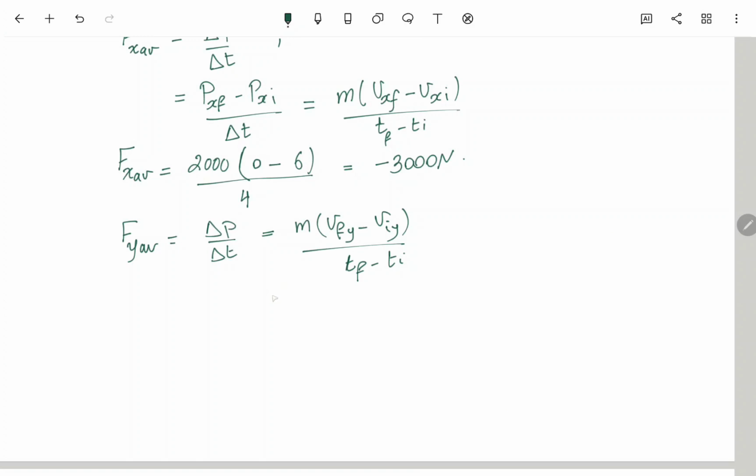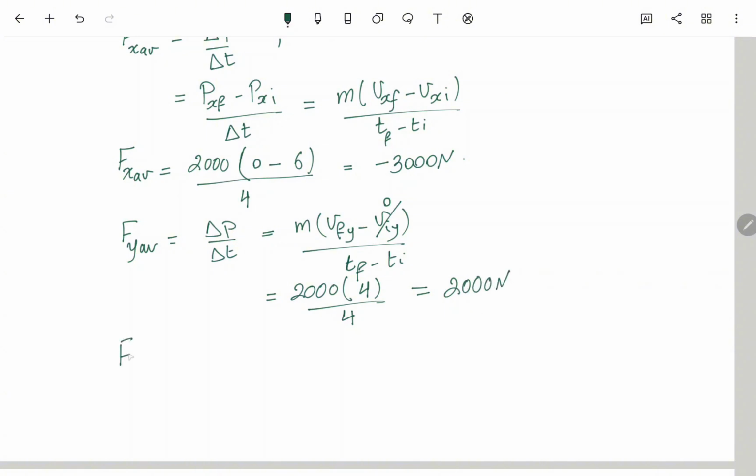Now you substitute the numbers, 2000 times, now v initial y is equal to 0, and v final y equals 4, divided by 4. After all, it's equal to 2000 newtons.